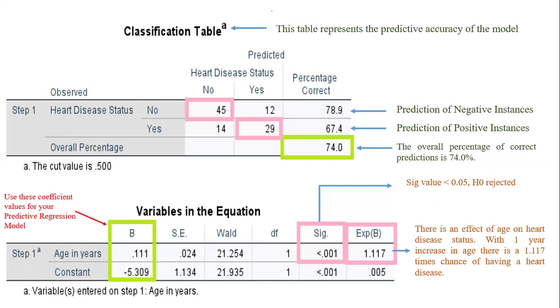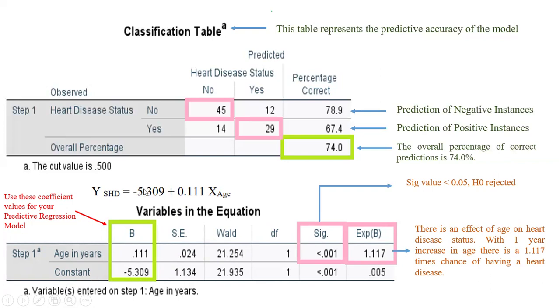So this is the beta value. You need to consider this coefficient value for your predictive regression model. So how can you create your predictive regression model? You can see here Y, that is the probability of having heart disease, is equal to, first of all, you need to put your constant value, which is minus 5.309.